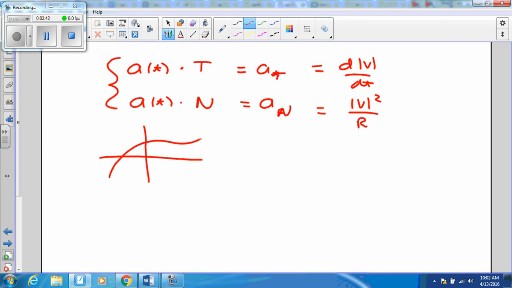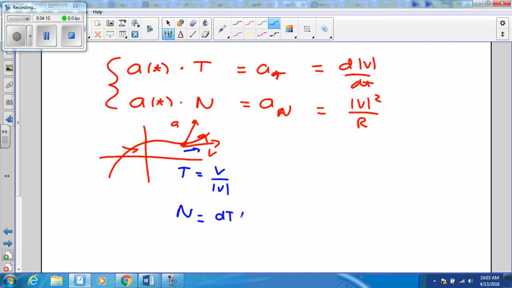And so the picture that we would draw is, here's my curve, my parametric curve, and right at this point, my acceleration vector is like so. My velocity vector will always be tangent to the curve. Then I can take that acceleration vector and construct, first of all, the tangent as velocity over its speed.